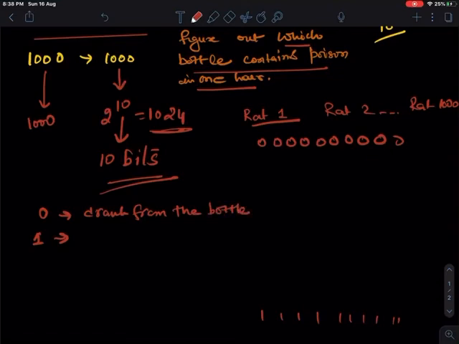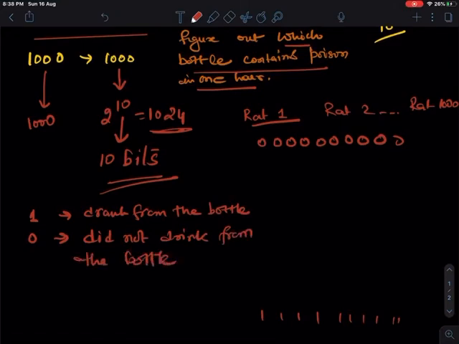So you can say 1 means drank from the bottle, and 0 means he did not drink from the bottle. So now I'll take one random number from this entire thing, which is 0 0 0 0 1 0 1 0 1 0. What does this mean?